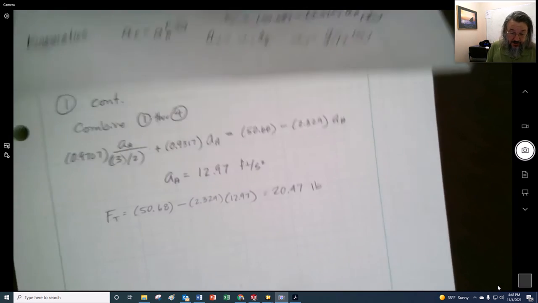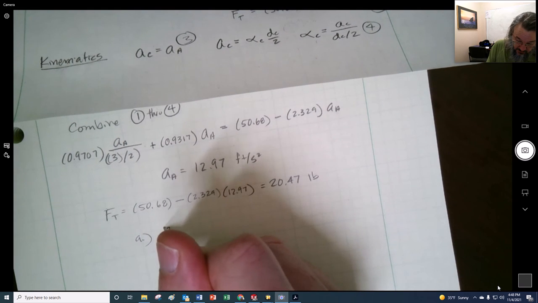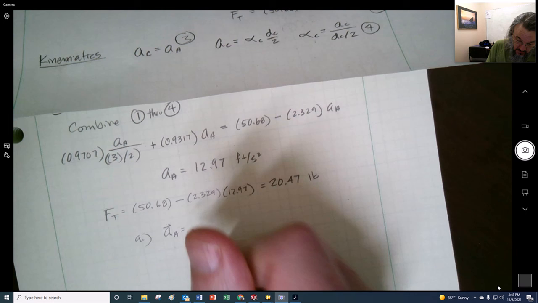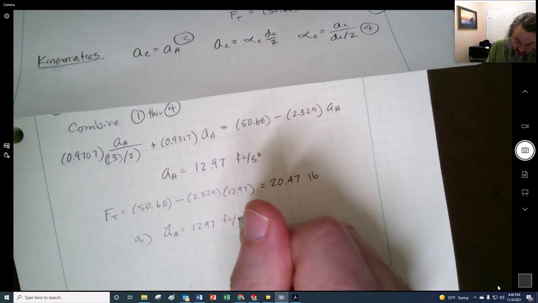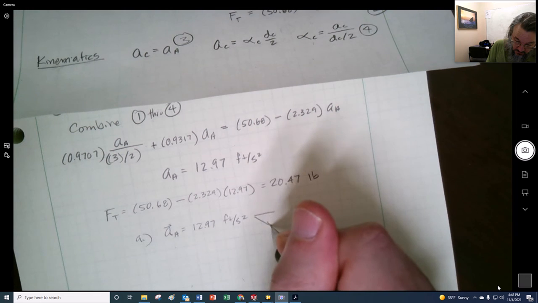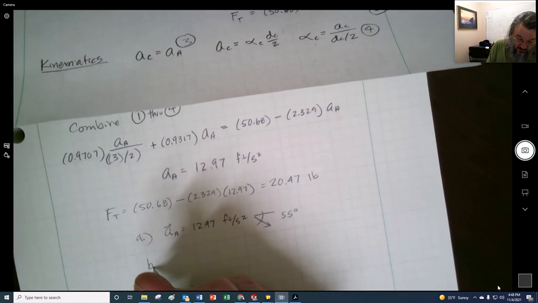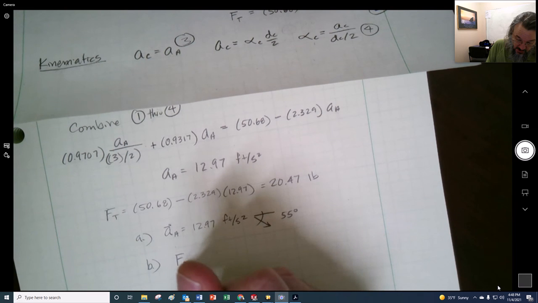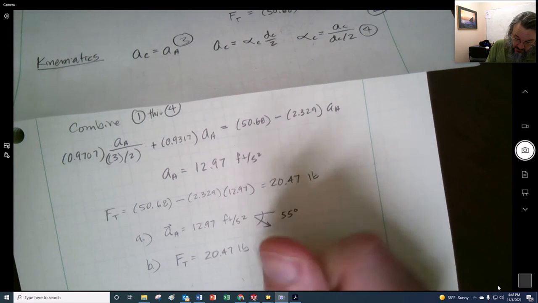No. Okay, so that was A and B, and I told you C you need to find yourself. So we're going to answer this as 12.97 feet per second squared at 55 degrees, as it's a vector, and the tension, 20.47 pounds.